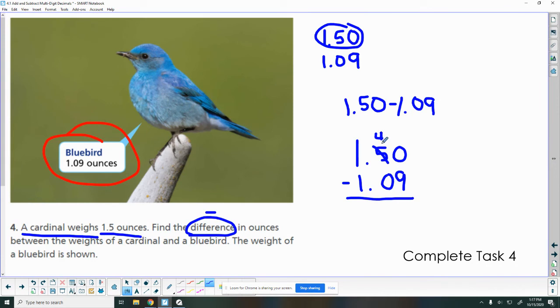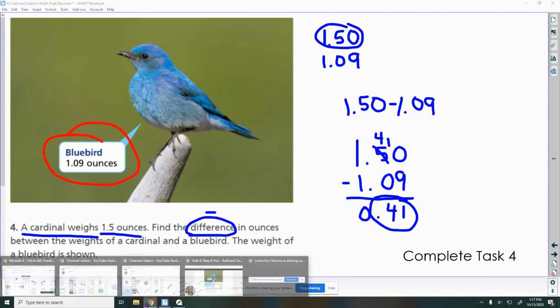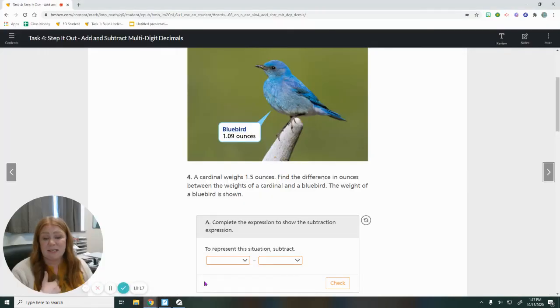So I borrow and regroup. 10 minus 9 is 1. 4 minus 0 is 4, I'm sorry, not 0. Just getting carried away. And 1 minus 1 is 0. There's my 0. So my answer, the difference between the two birds, is 41 hundredths of a pound. So less than half of a pound difference.